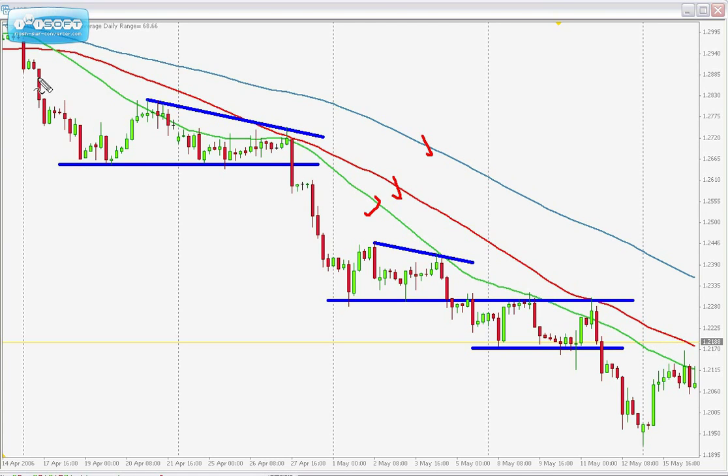First of all, we see we come from above, moving averages are falling in place. We see a flat bottom triangle. Price bouncing down and up and down and up, and finally giving way to the downside in the direction of the main trend for a nice ride down.